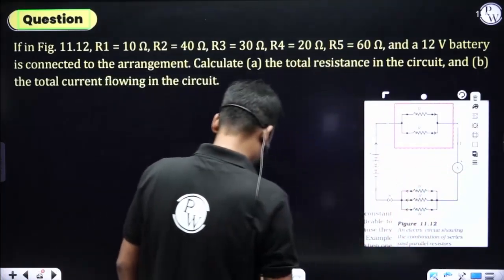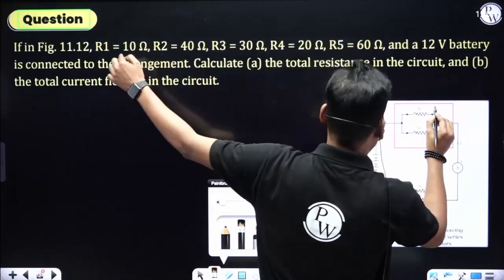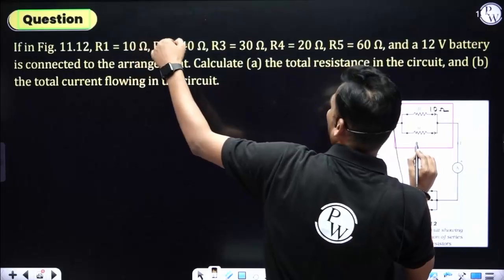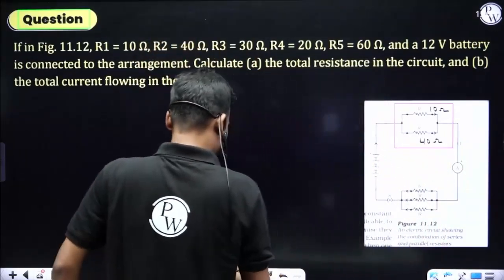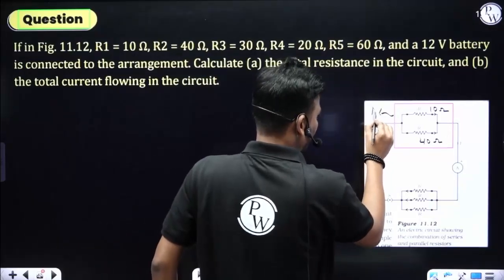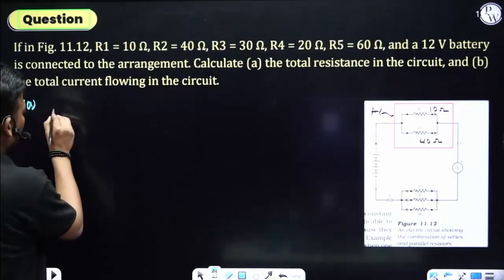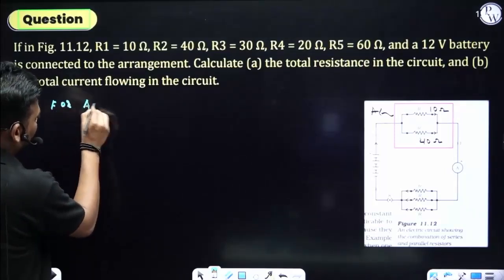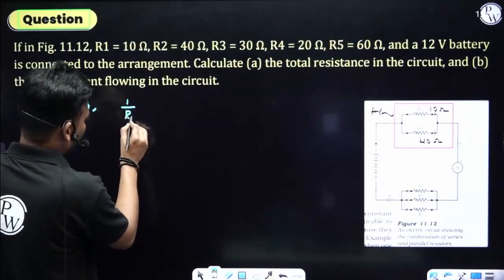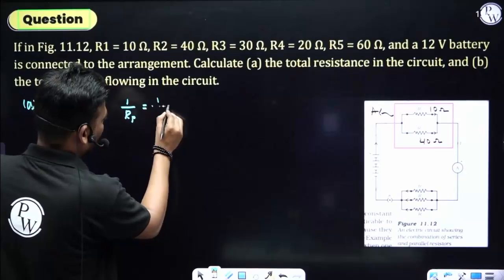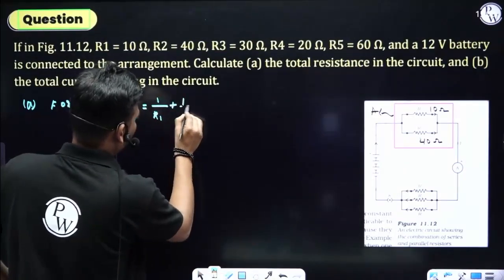R1 and R2. What is the R1 value they have given? R1 is 10 ohm, and R2 is 40 ohm, right? So let me consider this entire combination as a combination. Okay, so let's find out the RA value. The combination is a parallel combination, therefore 1 by Rp equals 1 by R1 plus 1 by R2.